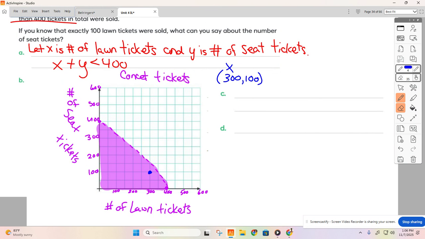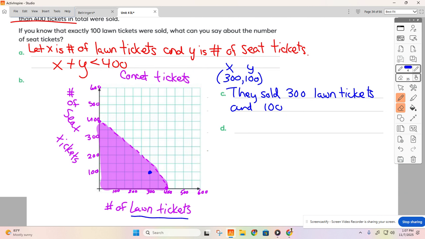On the y-axis, to the 100. 300, since it's the x, look at this label. So that means they sold 300 lawn tickets and 100, the y is talking about the seat tickets.